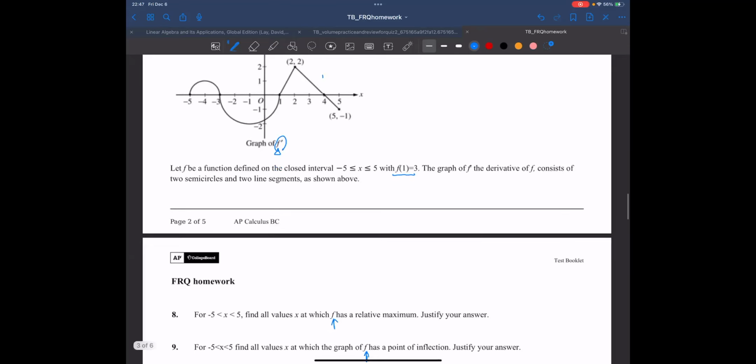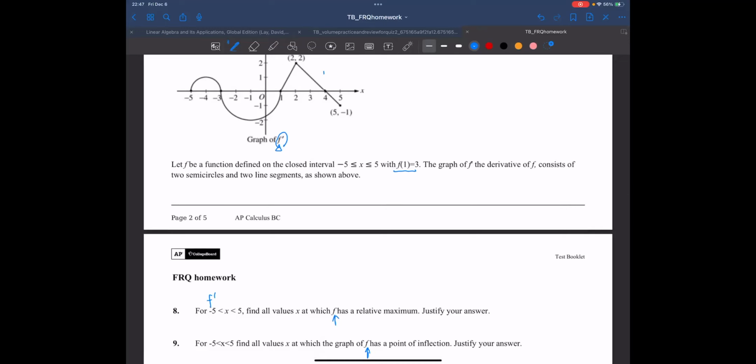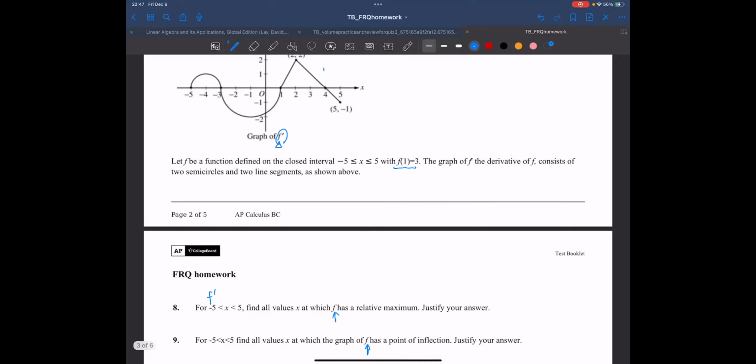For relative maximum, we can see f prime changes from positive to negative. So x equals -3 and x equals 4.